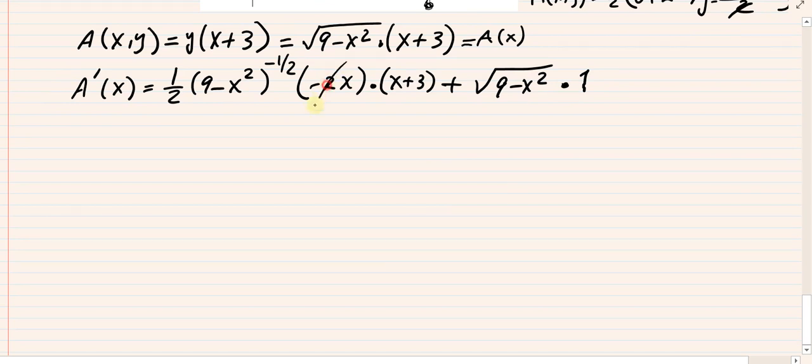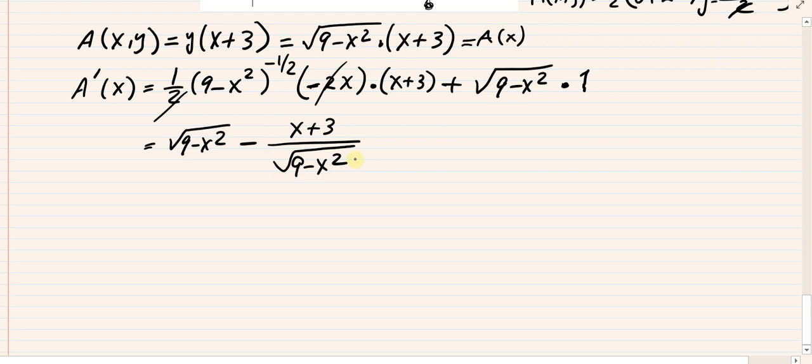Now when we do this work, the 2's come out, and I'm going to write this first. So I have 9 minus x squared first, and then minus, because of the negative here, the other one as x plus 3 over square root of 9 minus x squared.